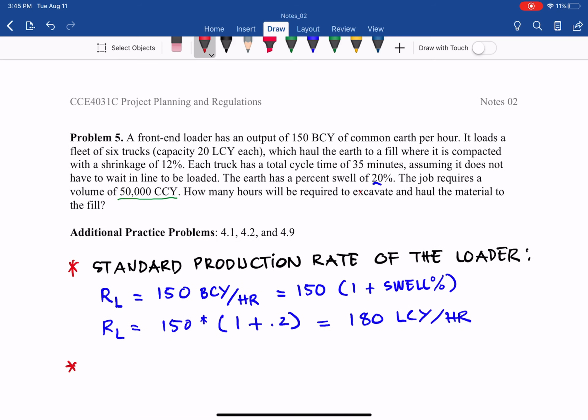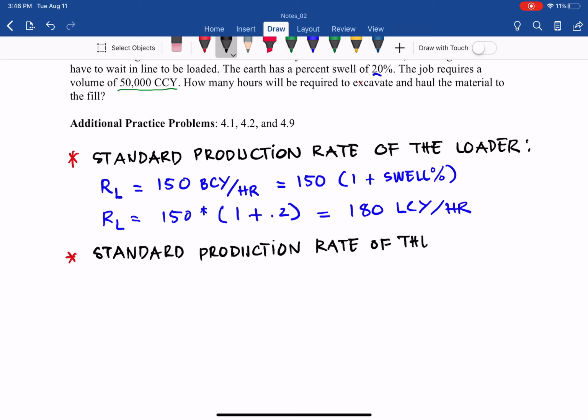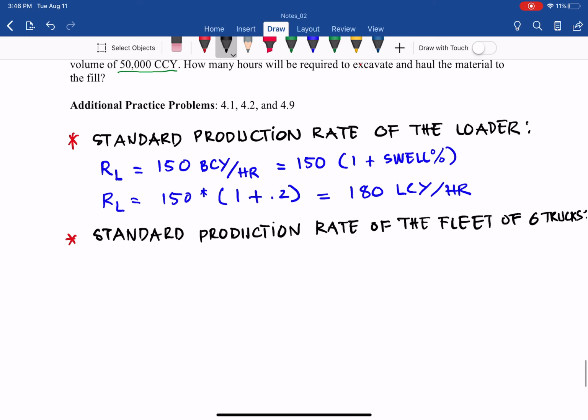How about the fleet of 6 trucks? We do the same. Standard production rate of the fleet of 6 trucks. Not one, but 6 of them working together.